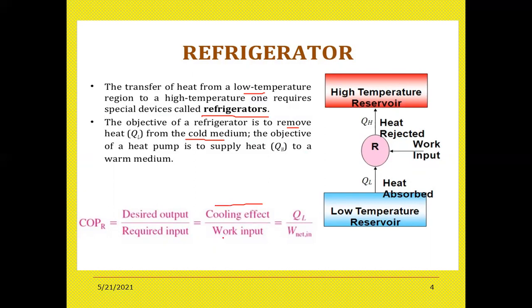What is the required output? Work input. Therefore, desired output Q by W. We are giving the work input to the refrigerator. Here, the refrigerator is absorbing the heat QL from the low temperature reservoir and sending it out to the high temperature reservoir.